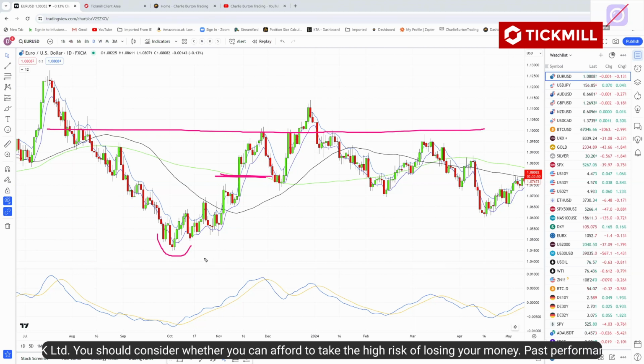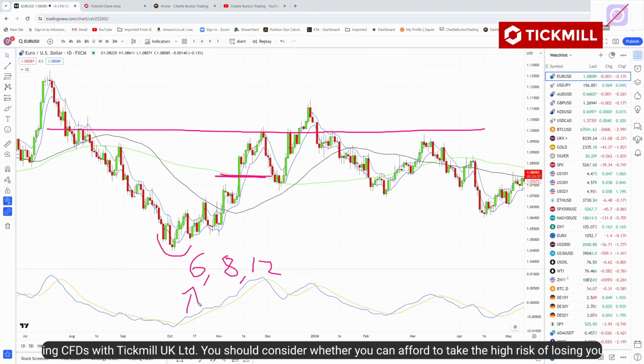So if you've got a divergence on the 6-hour chart and the 8-hour chart and the 12-hour chart, let's say down here, I think there was one on the 12 as well, then you get into the trade off the 6-hour chart, because that's going to give you the very best risk-reward profile, and you run the trade to the moving average on the 12-hour chart. Yeah?